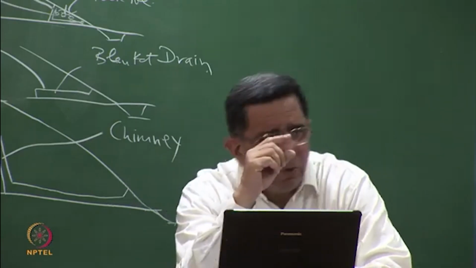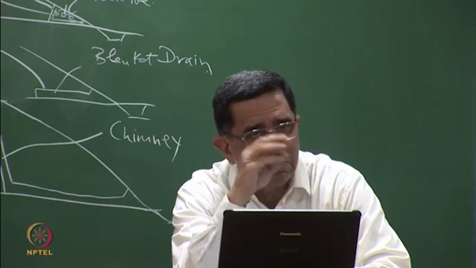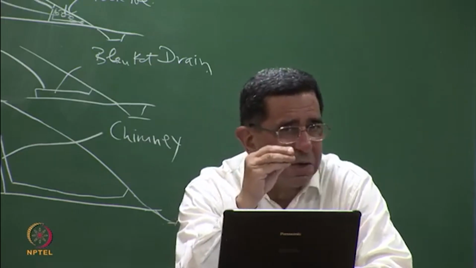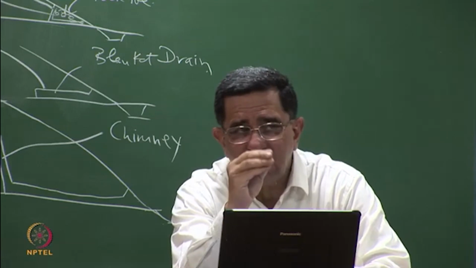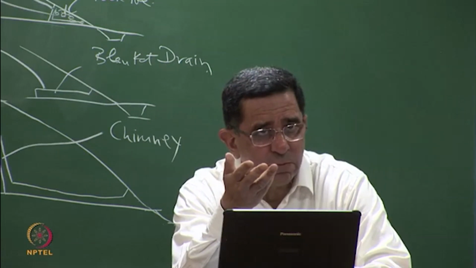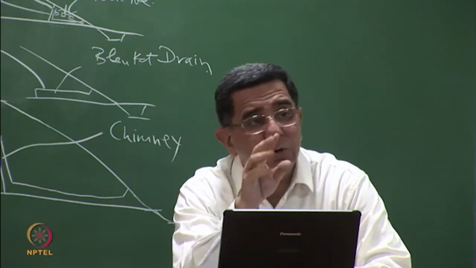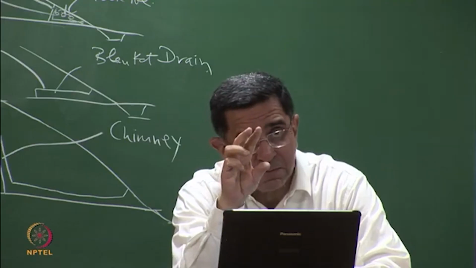So rapid drawdown can only be for 1 or 2 meters. It's not going to be there for 20, 25 meters. So rapid drawdown is normally not a very critical parameter for staged construction, because the deposited material is burying the upstream slope. Agreed?